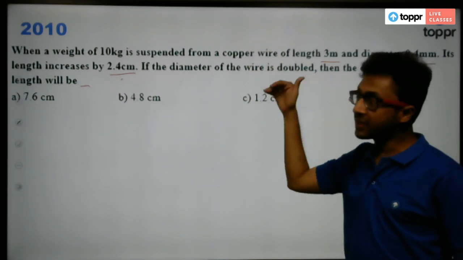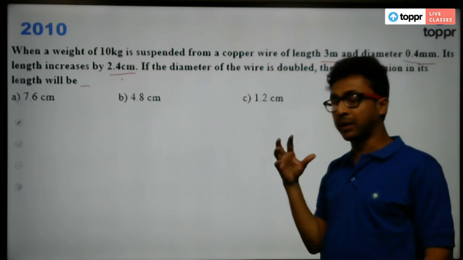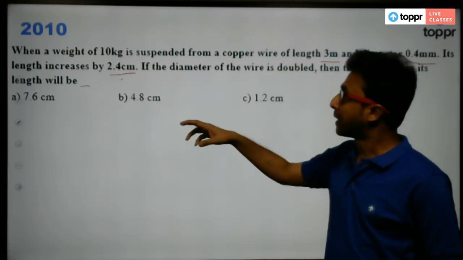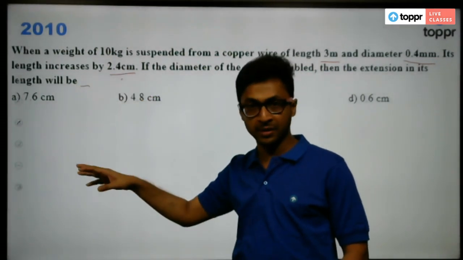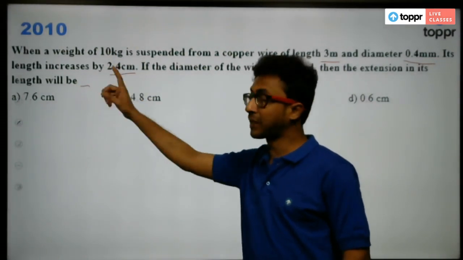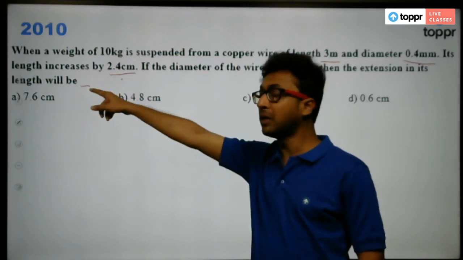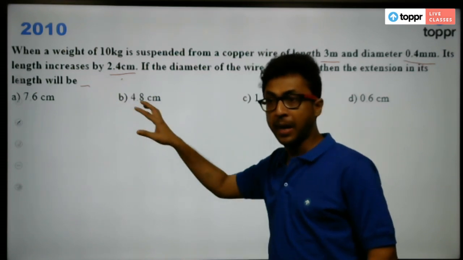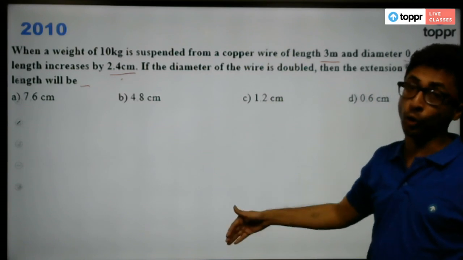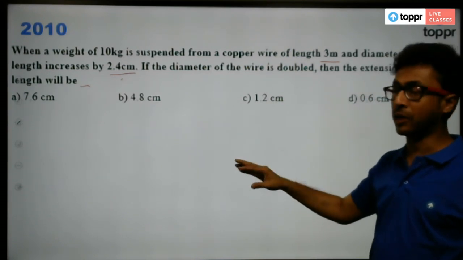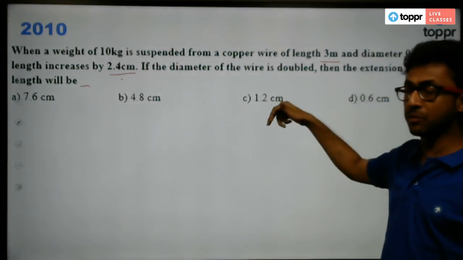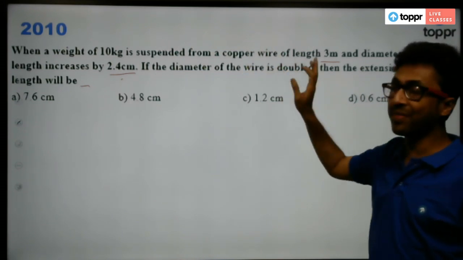See, at first glance you can think you have to calculate the Young's modulus of the wire and then find the new extension. But that will become too long. See how we use the formula so that we can have a relation between the diameter and the length.